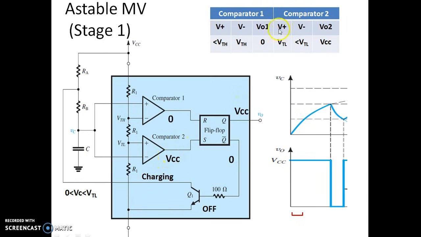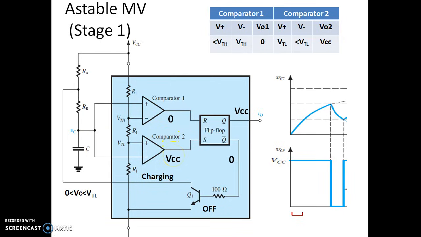That is what is mentioned here: V plus is VTL, whereas V minus is less than VTL. Out of these two, V plus is greater than V minus, so naturally the output of the comparator happens to be plus VCC. So that's what is VCC here. Now we have a condition: for reset it is 0, for set it is 1.